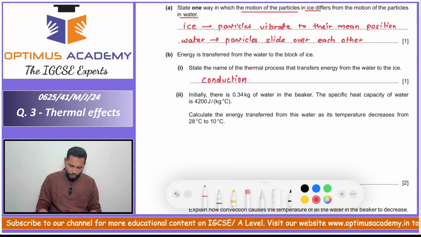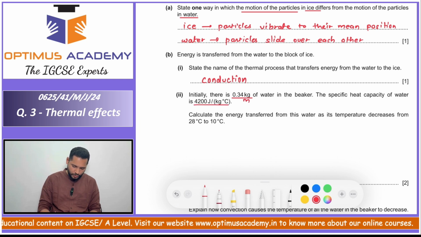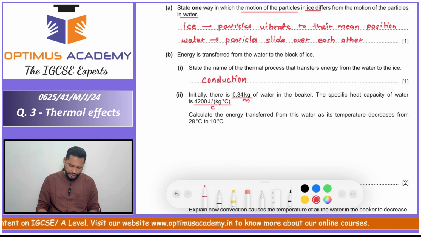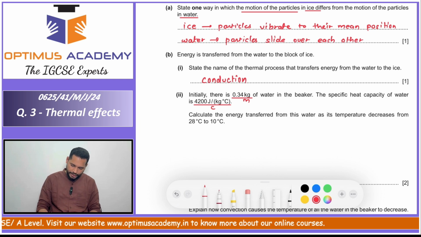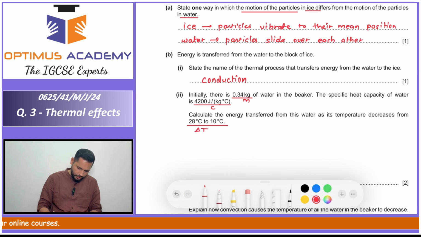Next question. Initially, there is 0.34 kg of water in the beaker. The specific heat capacity of water is 4200 joules per kg degree Celsius. Calculate the energy transferred from the water as its temperature decreases from 28 degrees to 10 degrees. So you can understand here that 28 degrees to 10 degrees is a difference of 18 degrees of temperature.